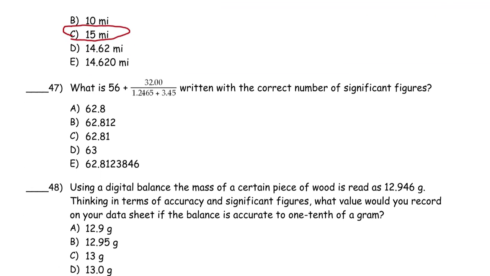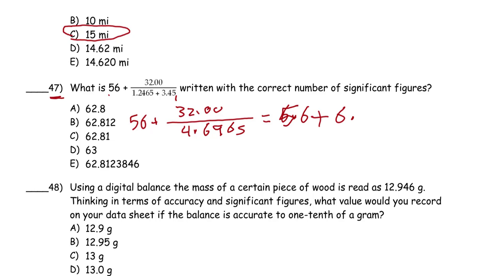Let's go to number 47. 56 plus this number. Let's deal with this number. 56 plus, as you see, 32.00 over this number equals 1 plus 3, 4.6965. It equals 6 point, hold on, I have 56 here. 56 plus 6.8135.